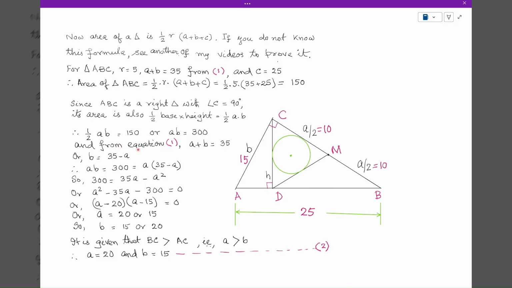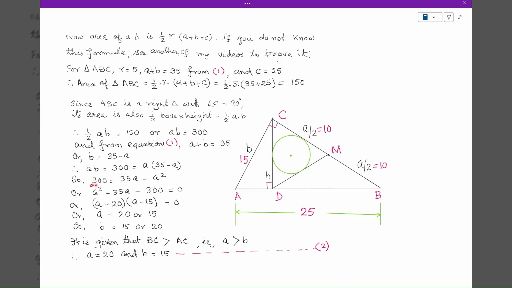And from equation 1, we have already found out that a plus b is equal to 35. From this equation, b is equal to 35 minus a. Therefore, a multiplied by b is equal to 300, and when you replace the value of b as 35 minus a, we get a multiplied by (35 minus a).